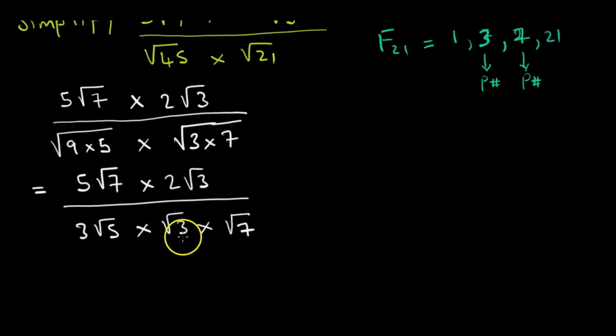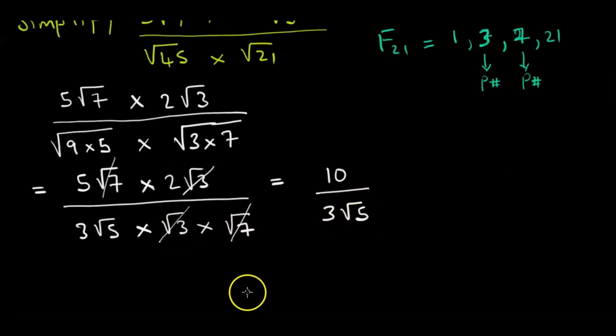Tadaro manje, the square root of 3 inogona kunocheka kunoku kana tine matimes atinawo. Then the square root of 7 inogona kunocheka panapa. Kurevei? Kureva kuti we now have a situation where it's 5 times 2 ndiani the 10 over, since zvachekana 3 the square root of 5.